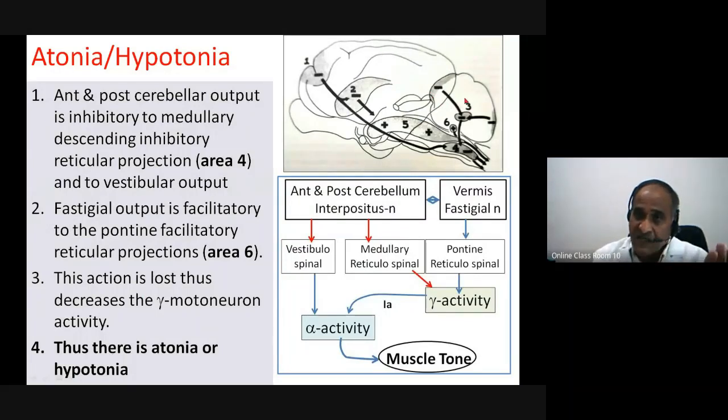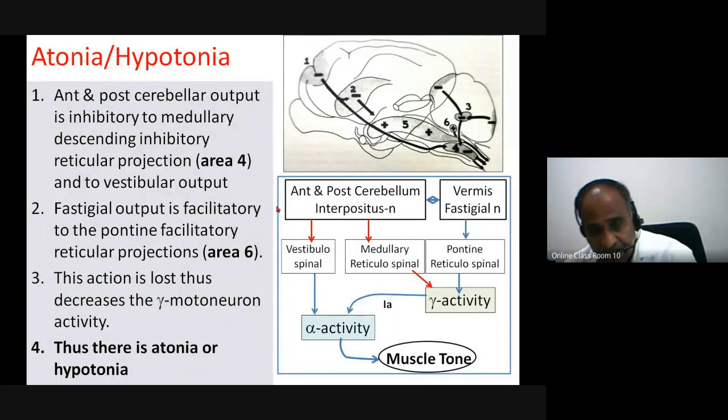Thus, cutting or destruction of the cerebellum will affect the muscle tone, that is atonia, and this is due to the loss of gamma motor neuron activity. And at the same time, there will be a decreased alpha activity, thus there is a loss of muscle tone, or atonia or hypotonia. That is the situation.